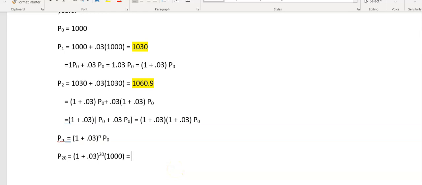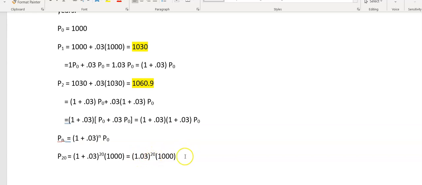I want you to do this a step at a time. In order of operations, parentheses come first. So let's do the 1 plus 0.03 first. 1.03, and we still have it to the 20th power, and then it's times 1,000. And remember that if we just have a number by itself in parentheses, that's really multiplication, and the parentheses are just separating it from the previous number here.